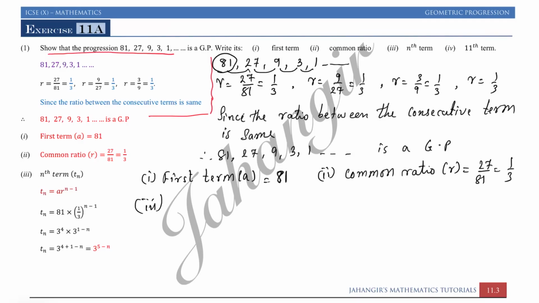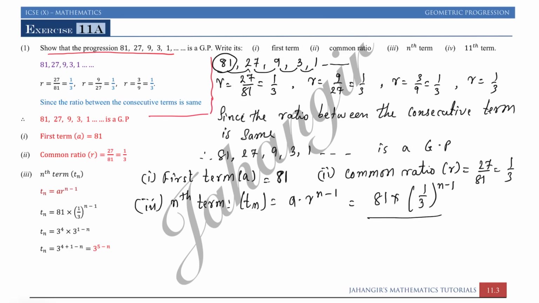Third, we have to find the nth term. The nth term formula is Tn is equal to A into R raised to n minus 1. So A is 81 into R is 1 upon 3 raised to n minus 1.